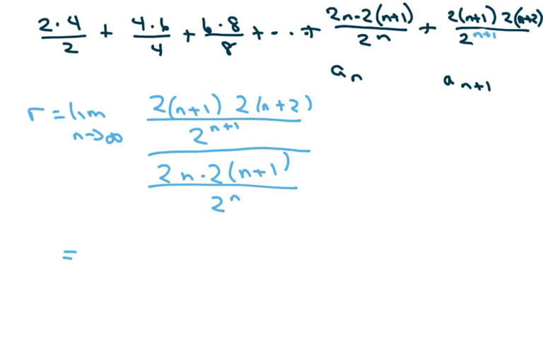Alright, and if I flip this up, we're going to simplify. I'm going to move this guy up here, and I'm going to multiply those two. So that's what I'm doing next.